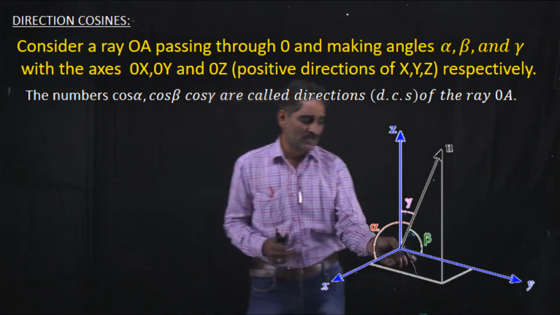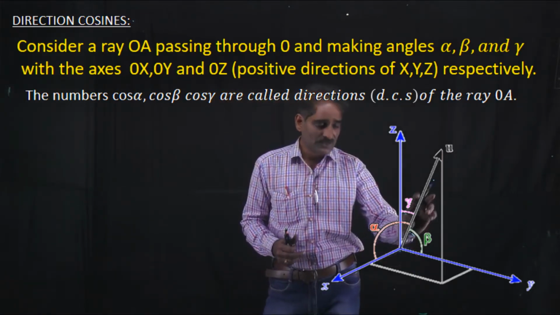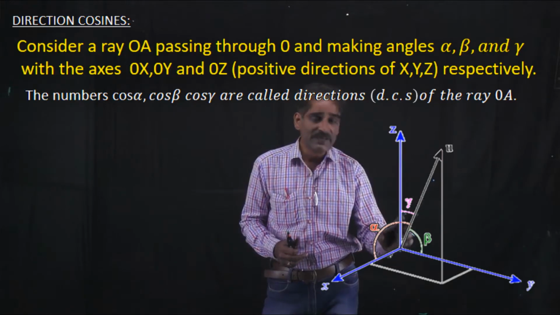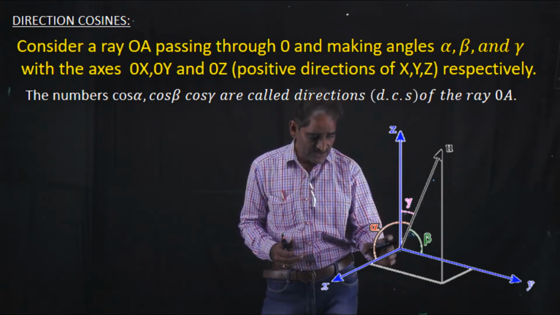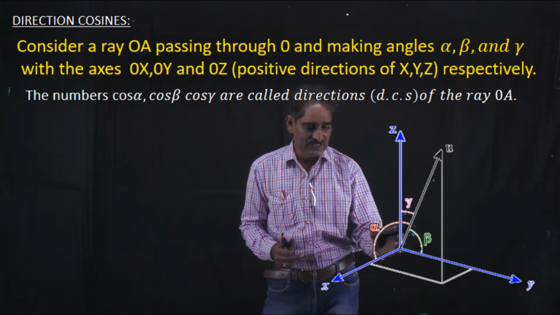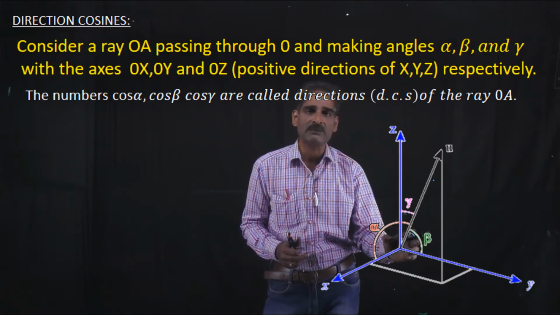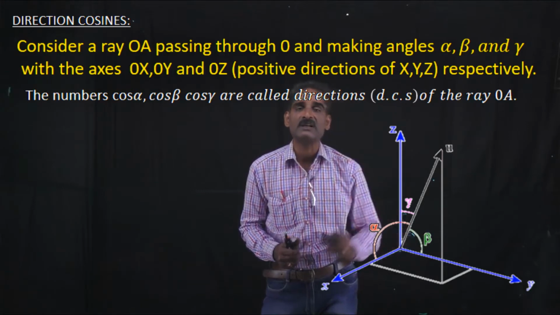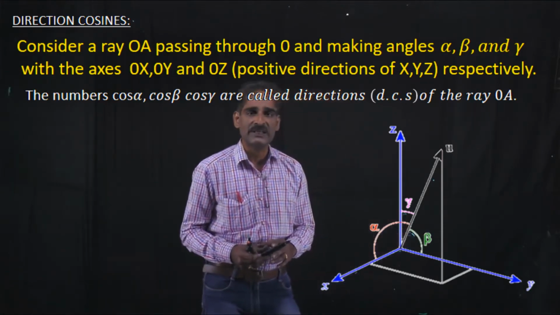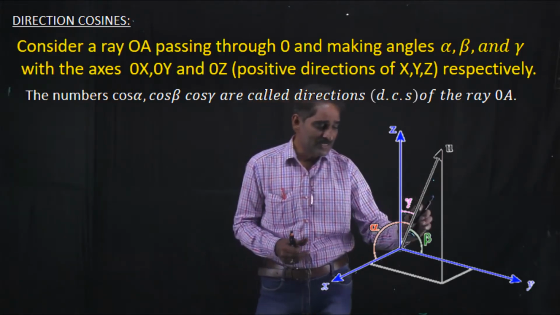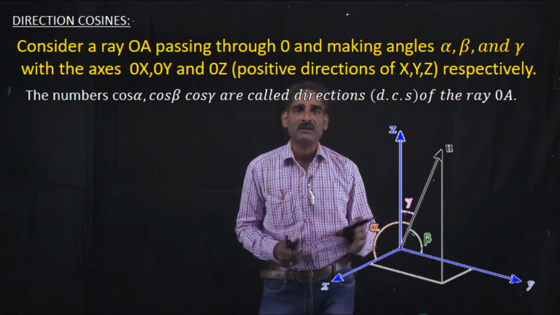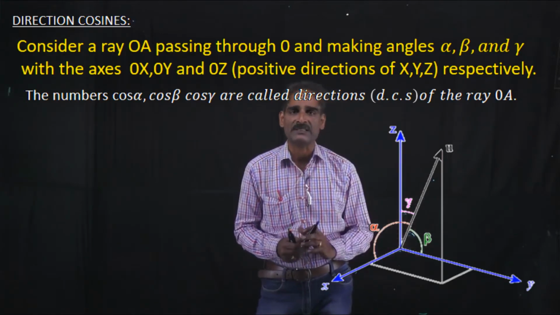This is the origin, and this is the ray passing through the origin. Alpha is the angle made with the x-axis, beta is the angle made with the y-axis, and gamma is the angle made with the z-axis. This ray is making three angles, alpha, beta, gamma, with the three coordinate axes.